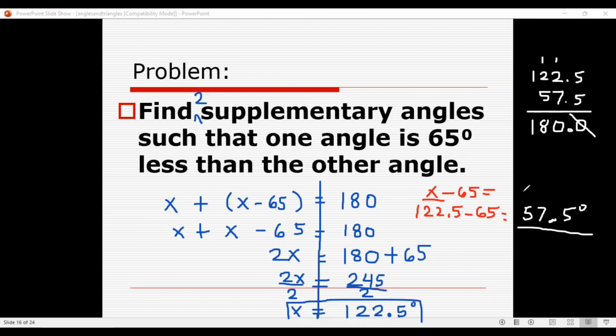What about the difference? You have to get 122.5 again, and the difference that we are supposed to get there is 65, because one angle is 65 less than the other. So we are going to subtract. You have a 0 because 5 minus 5, and then we do the regrouping.